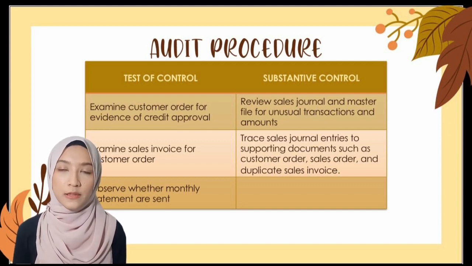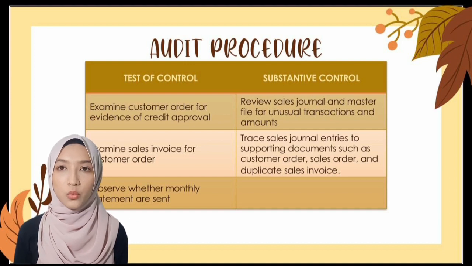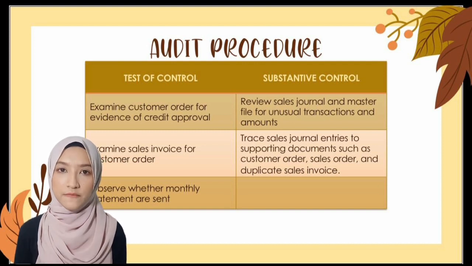I'm going to explain the first audit procedure, which is test of control. The first one is examine customer order for evidence of credit approval. The second one is examine sales invoice for customer order. And the last one is observe whether monthly statements are sent.